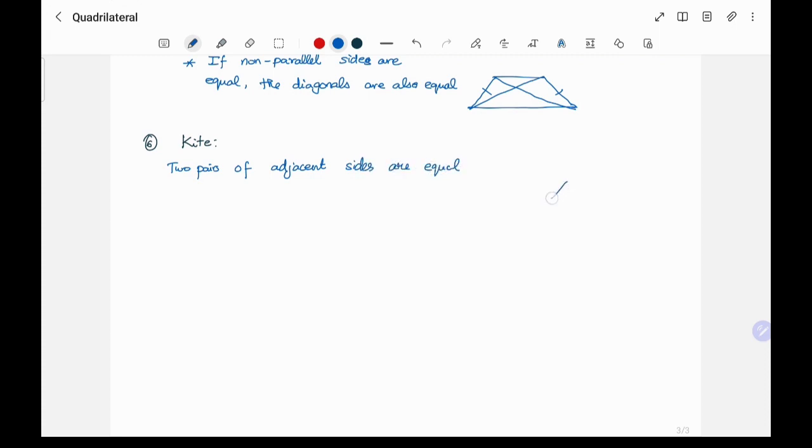What I mean by this is, this is equal to this and this is equal to this. If we draw the diagonals for this, they intersect at 90 degrees. The diagonals intersect at right angles.